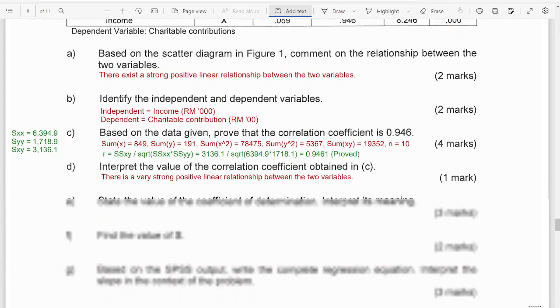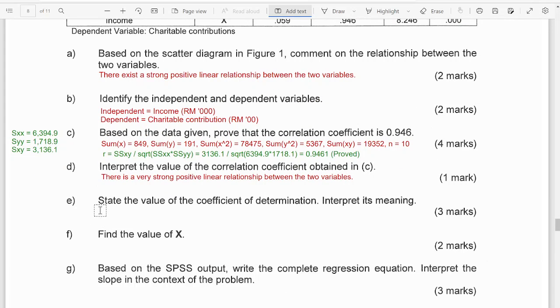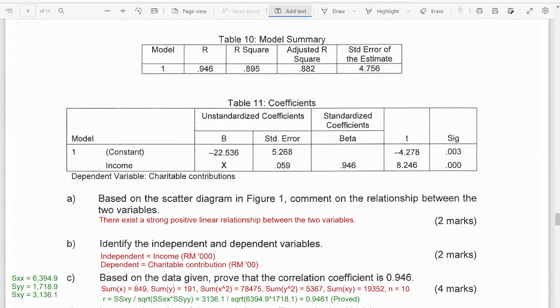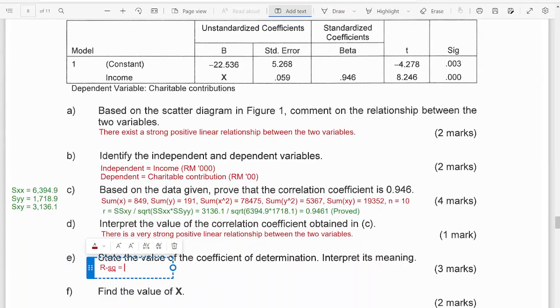So r square is equal to berapa tadi? 0.895. Okay, that is the value of r squared.